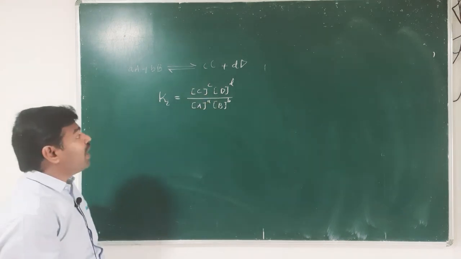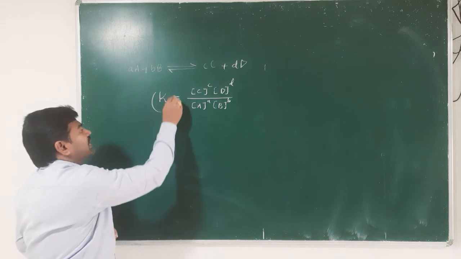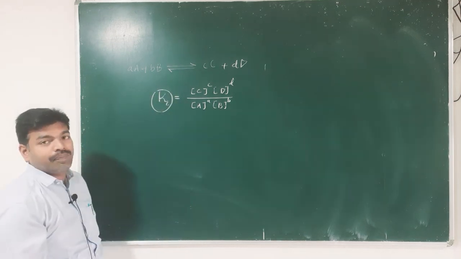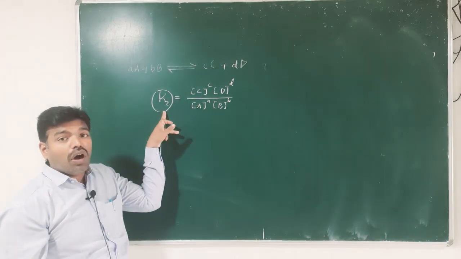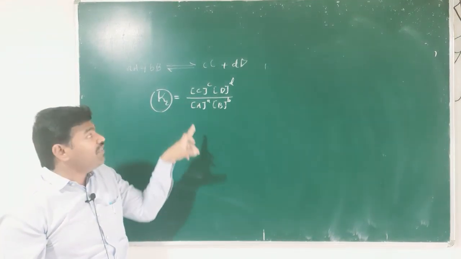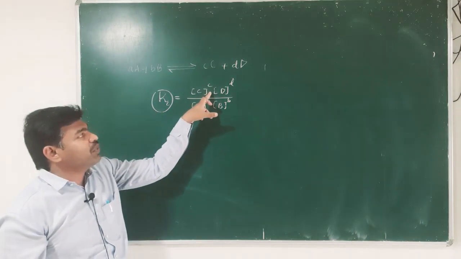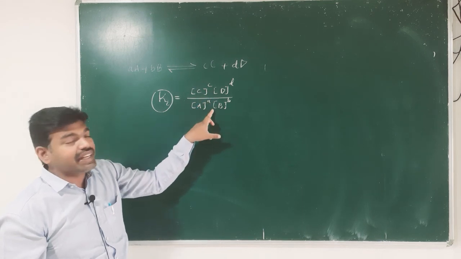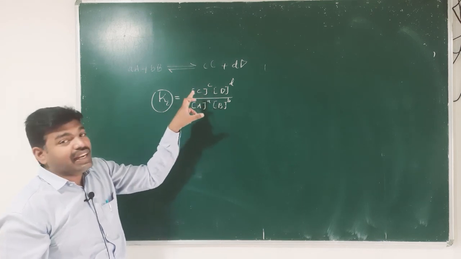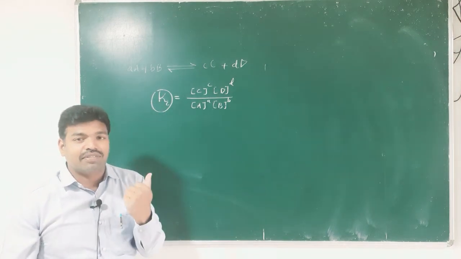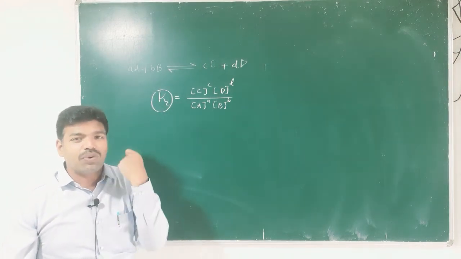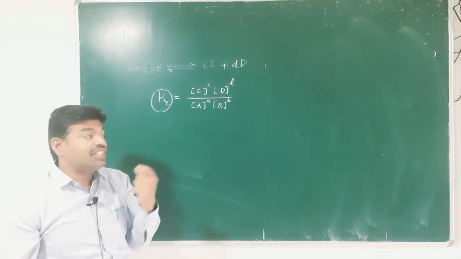So what does this equilibrium constant tell us? When we substitute the concentrations of products and reactants, we get a value for the equilibrium constant. What does that value conclude?